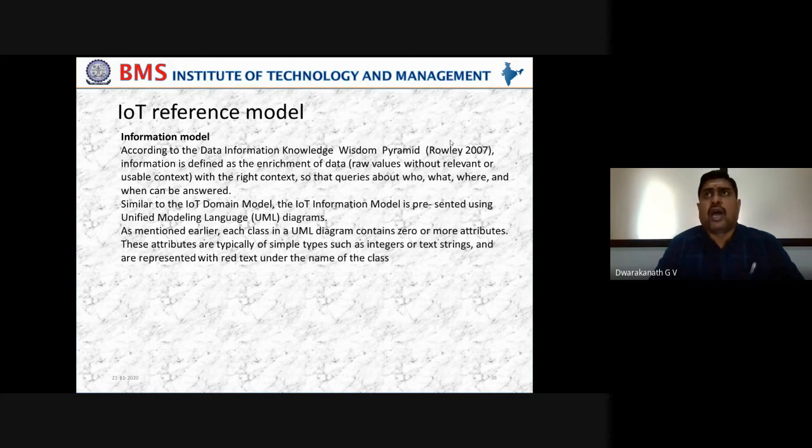For example, assume animal is a class which has skin color, and assume skin is one variable, jaw is one particular variable, tail is another variable. Like this, different variables will be there. When I add a value to these variables, how is the skin? The skin is golden color with black stripes.